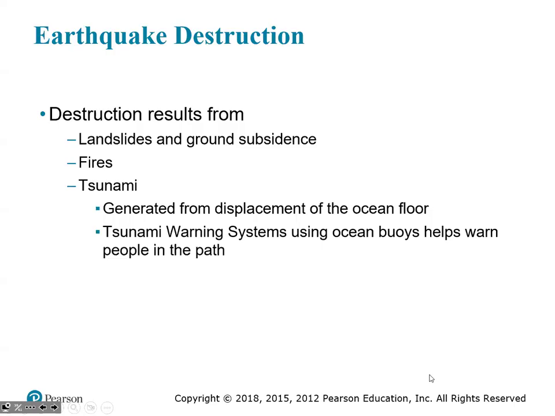And then some of the worst damage from earthquakes, we get tsunamis. Tsunamis can be caused by undersea earthquakes. They can cause these massive waves that are extremely destructive. These are generated from big earthquakes on the ocean floor primarily. There is a tsunami warning system that uses ocean buoys to help warn people in the path of tsunamis, but that only works if you're sufficiently far away from the tsunami.